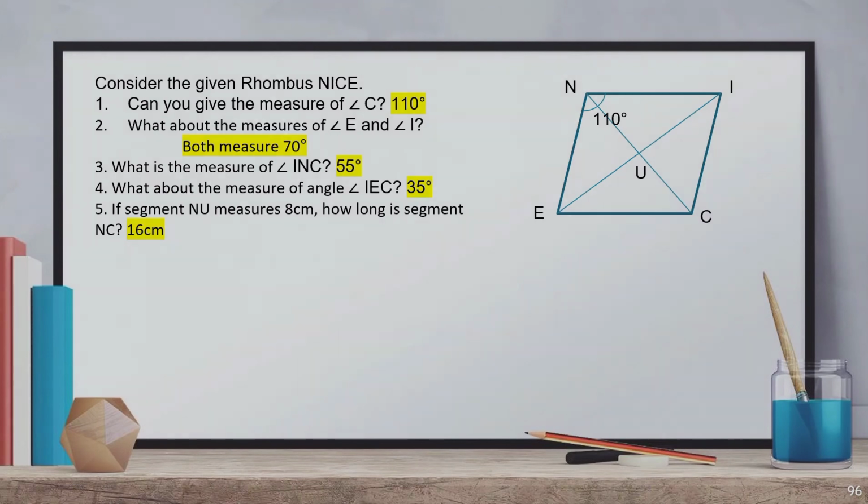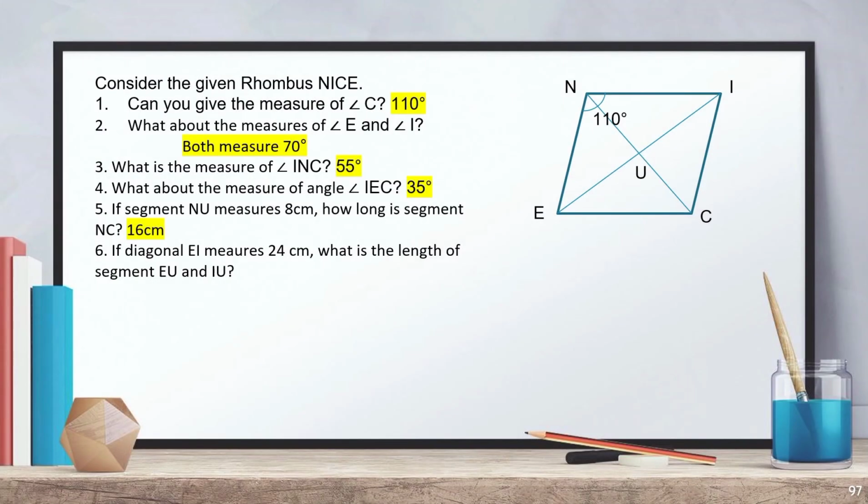If diagonal EI measures 24 centimeters, what is the length of segments EU and IU? EU and IU measure 12 centimeters because, as you can see in the figure, point U is at the midpoint. So it divides diagonal EI into two equal parts, EU and IU.